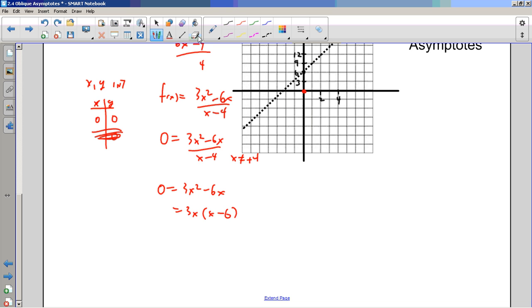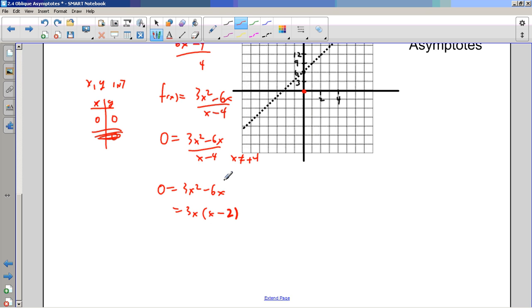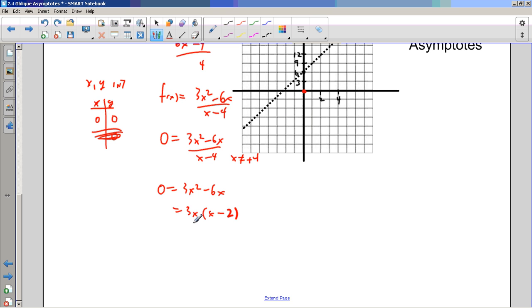And no, I don't have to use the quadratic formula, but you could. This is way easier than that. So I get my first root is the one that I had before. This gives me x equals 0 or x equals 2. So I did actually have a use for that other 0, x equals 2, y equals 0. So I got another point there.